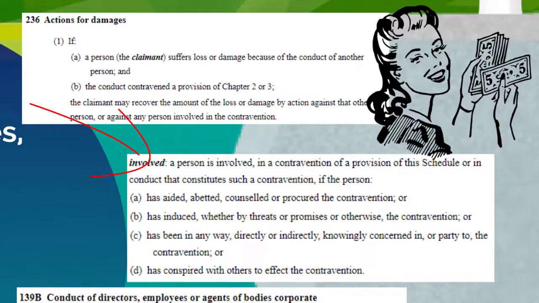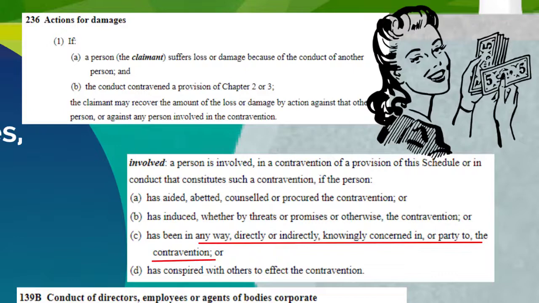So then you go and have a look at the definition of involved, and it says a person's involved in a contravention of Section 18 if the person has aided, abetted, counselled, or procured the contravention, or has induced, by threats, promises, or otherwise, the contravention, or in any way, directly or indirectly, is knowingly concerned in or party to the contravention, or has conspired naughtily with others.